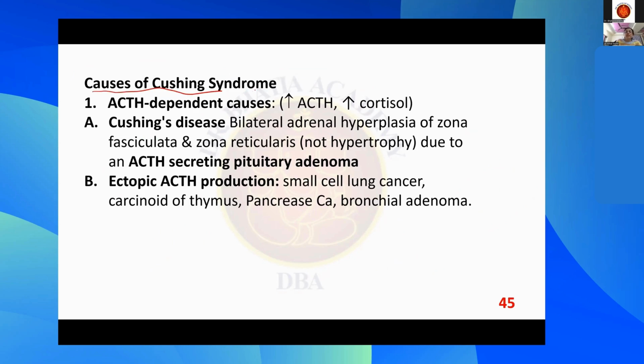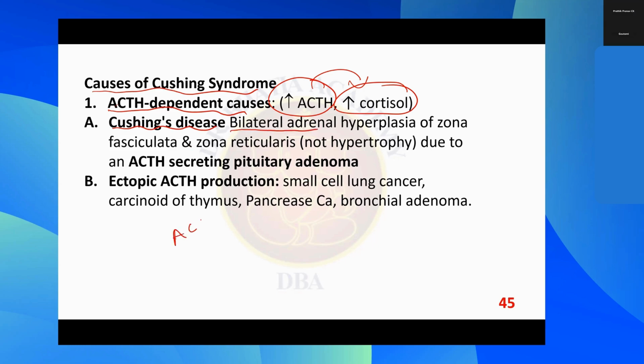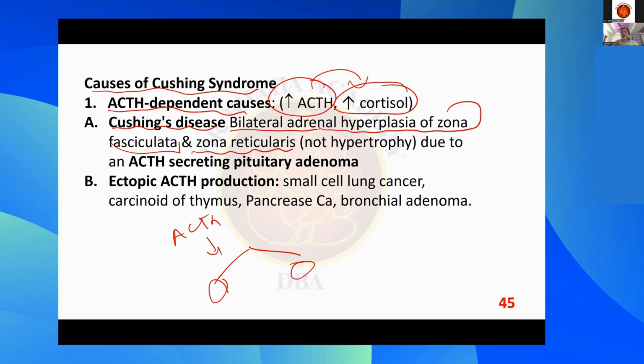Causes of Cushing's can be classified as ACTH dependent, that is the rise of ACTH causing a rise of cortisol. And this condition is called Cushing's disease. This leads to bilateral adrenal hyperplasia, because ACTH is coming from the pituitary and will affect both adrenals. It causes hyperplasia of the zona fasciculata, and also of the zona reticularis because of the ACTH secretory action.